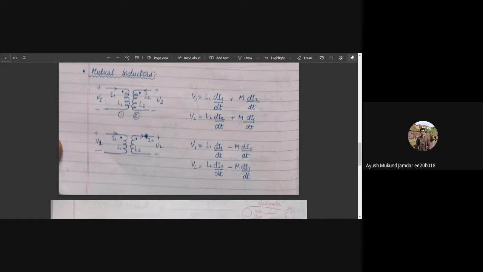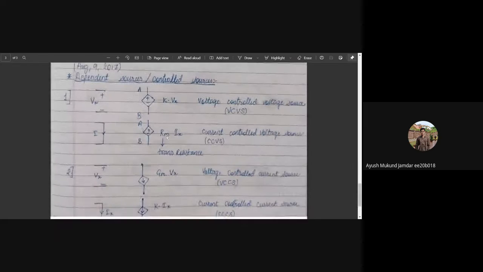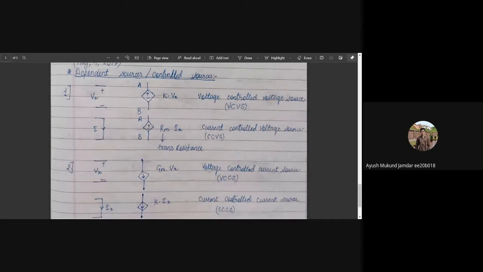Okay, and coming to the final part of this is the dependent source. So let me go to it. Dependent sources are basically current sources and voltage sources, but they are dependent on the voltage and current parameters, voltage measured across some other point in that circuit, and current going through some other branch in that circuit.